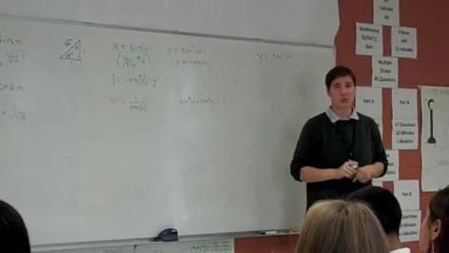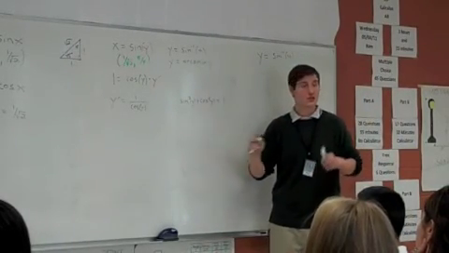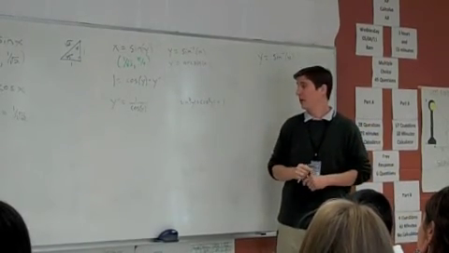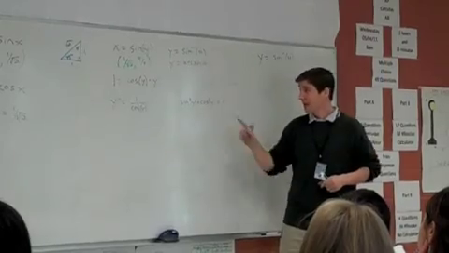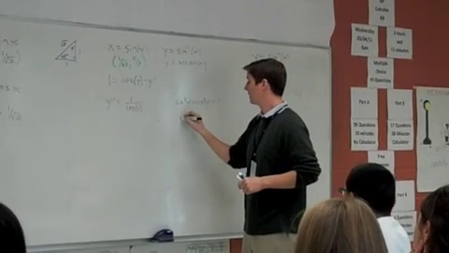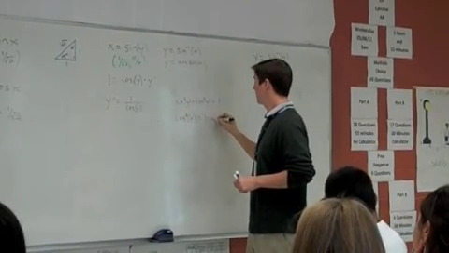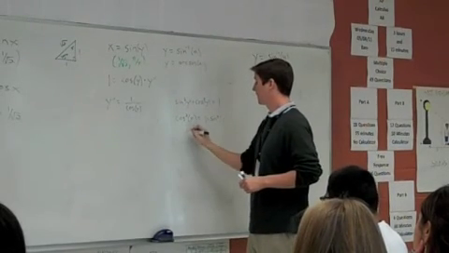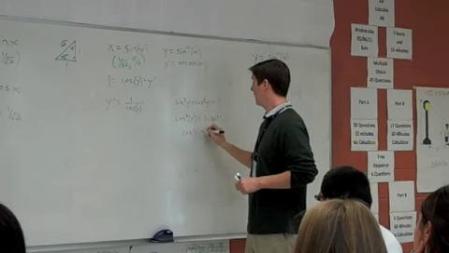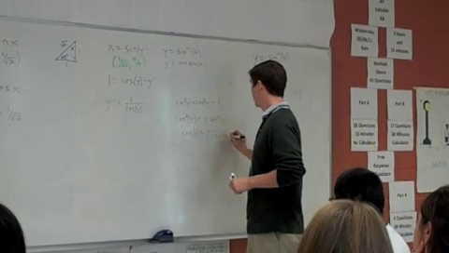As long as these two are the same thing. If I solve this for cosine squared, I get cosine squared y equals 1 minus sine squared y. So cosine y equals the square root of 1 minus sine squared y.